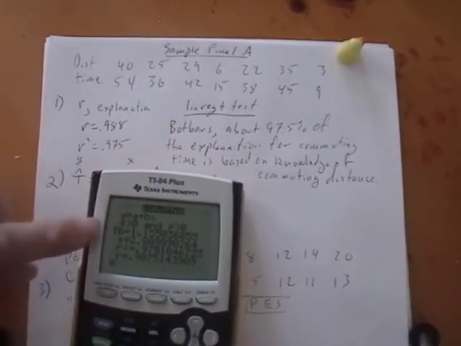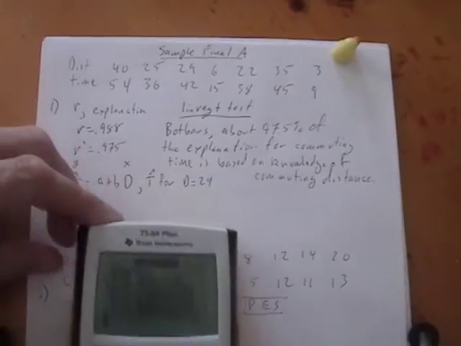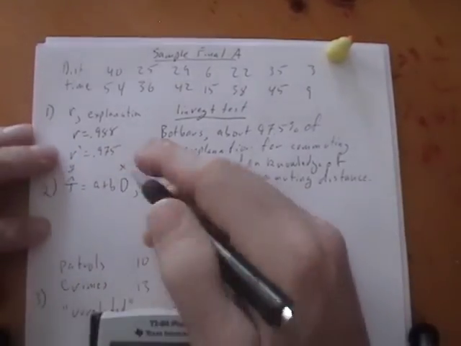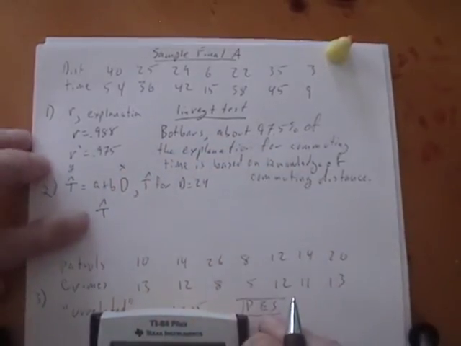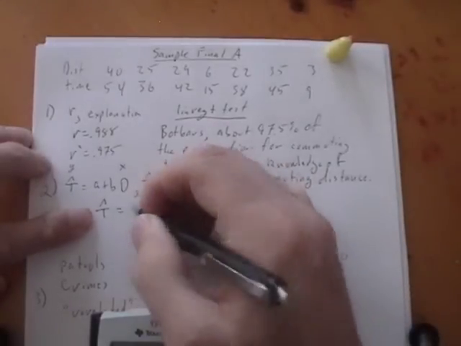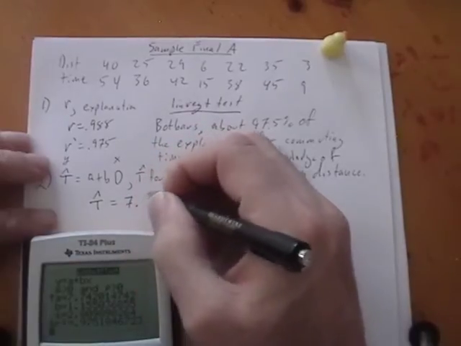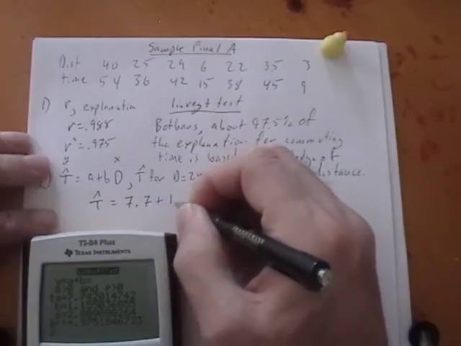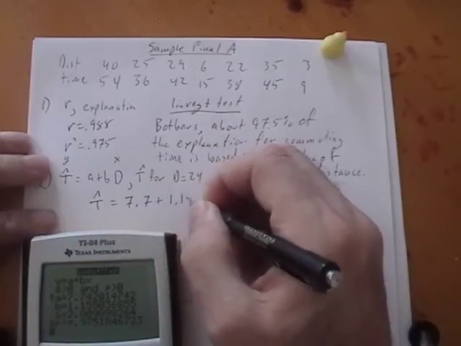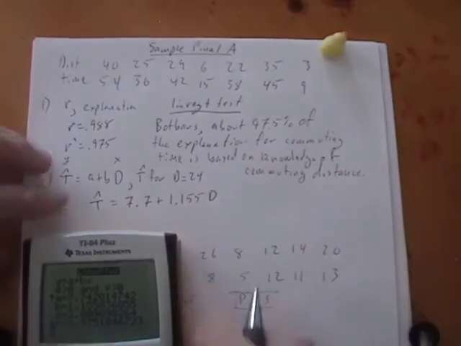Time is A plus B times D. So let's find A and B. So in this case, I want you to write T hat, that is going to be predicted time, is equal to, and then it's going to be 7.7 plus 1.155 times distance.